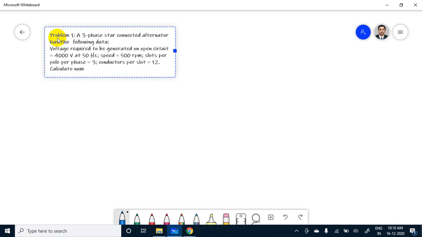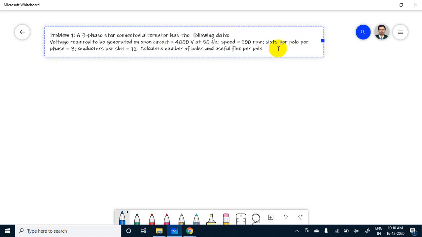Calculate the number of poles and useful flux per pole.